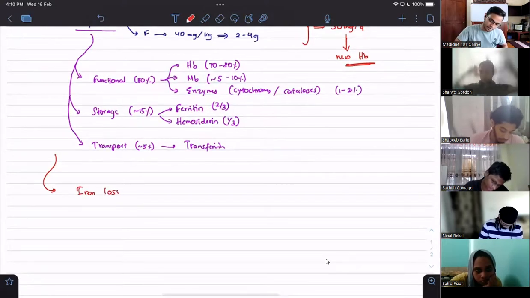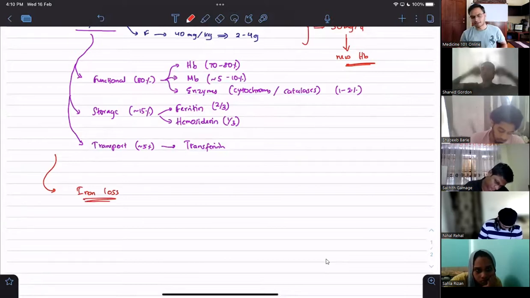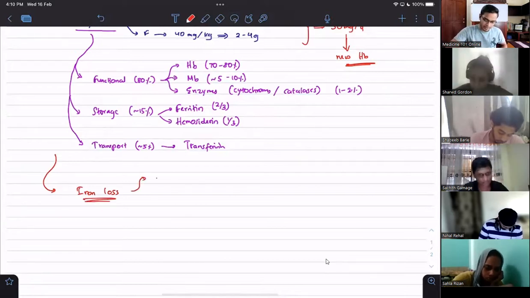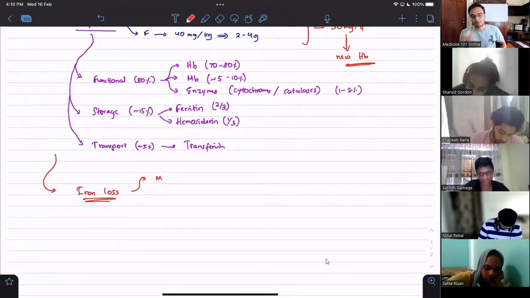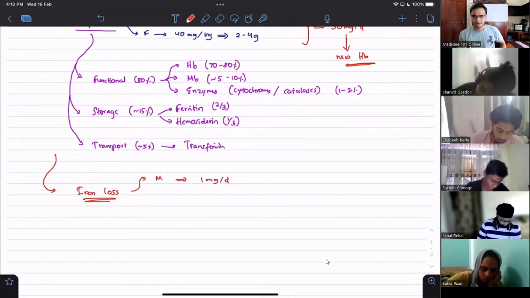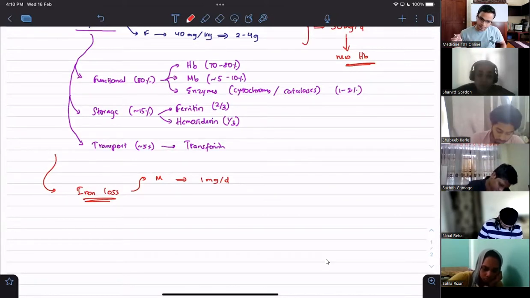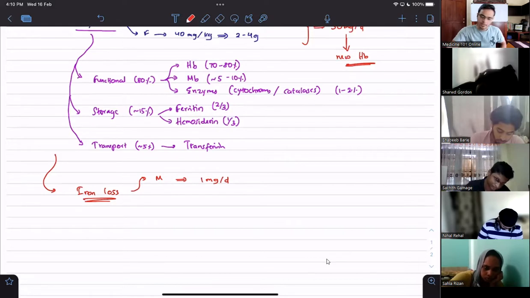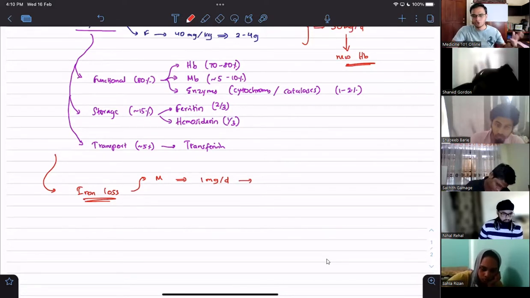If we look at iron loss in a male, and obviously a postmenopausal female, we have about 1 milligram per day loss of iron from the body. How does this happen in a male? How will you lose iron?